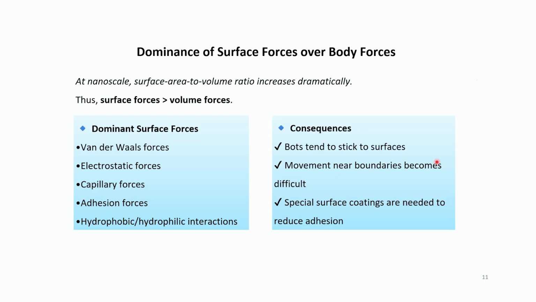Movement near boundaries becomes difficult. Special surface coatings are needed to reduce adhesion. Bots will tend to stick together, and special surface coating will be required to reduce adhesion and maintain some distance. Otherwise, the bots are going to stick together and agglomerate, and they will not function properly.